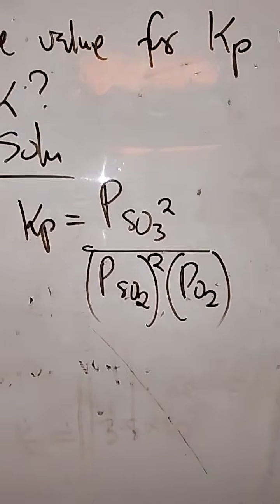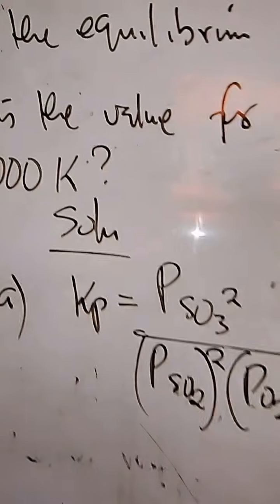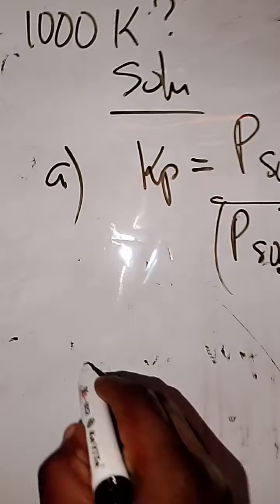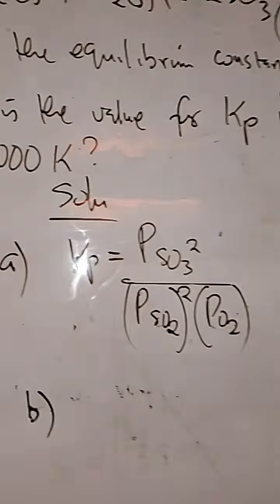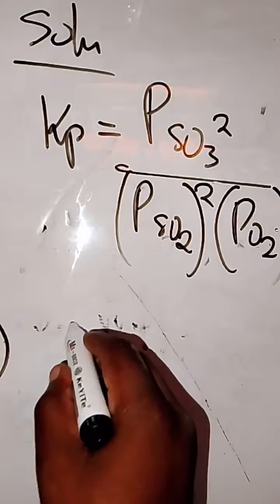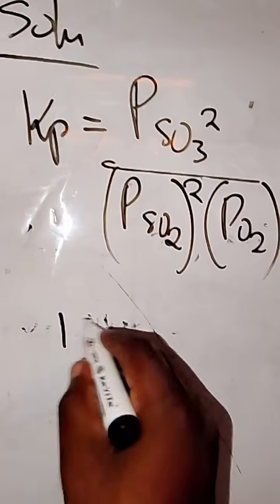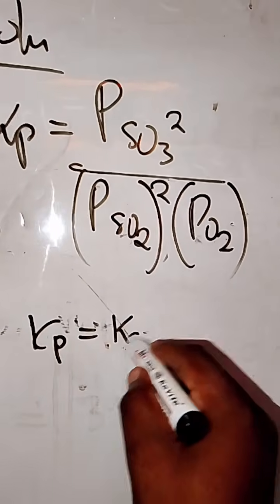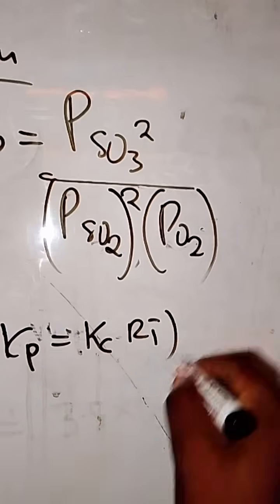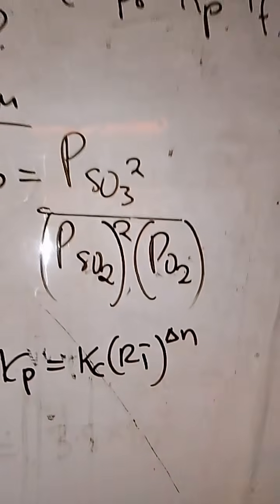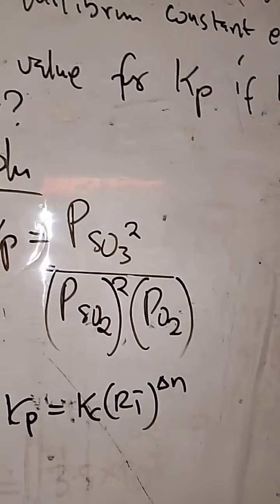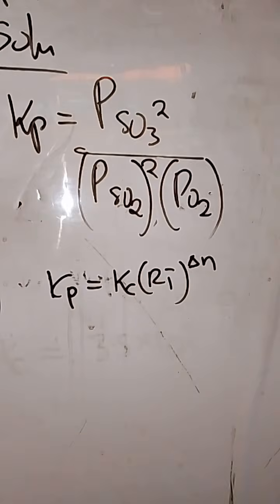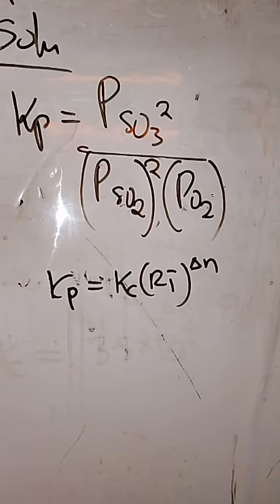Okay, then now B, we need to calculate the value for Kp. We know that Kp is equal to Kc (RT) to the power delta n. Now what we need to do here is to calculate delta n.